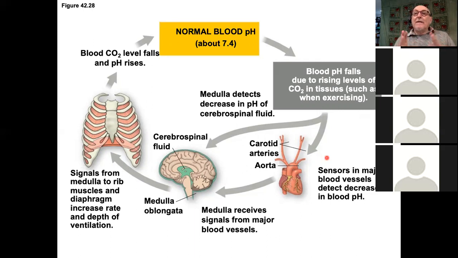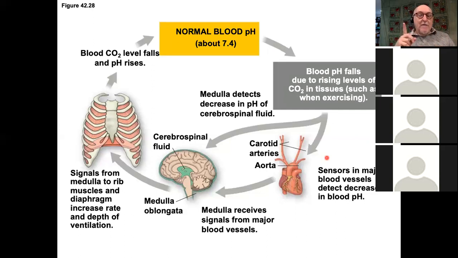And principally, the body registers the levels of carbon dioxide in the blood. It's a bit strange. We don't monitor it by looking at the oxygen levels. Instead, the brain stem monitors the levels of carbon dioxide and does it in two ways.